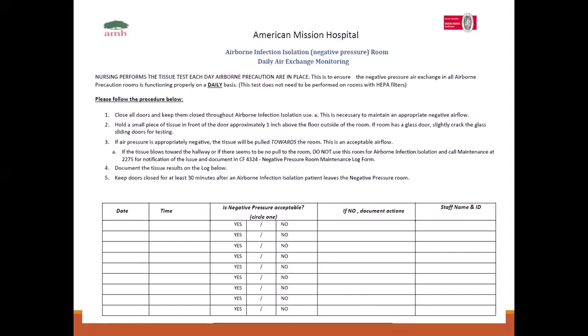Okay? Any questions so far? So the nurse or responsible person has to fill the checklist and the form and notify the maintenance department if you have doubt in maintaining the pressure.